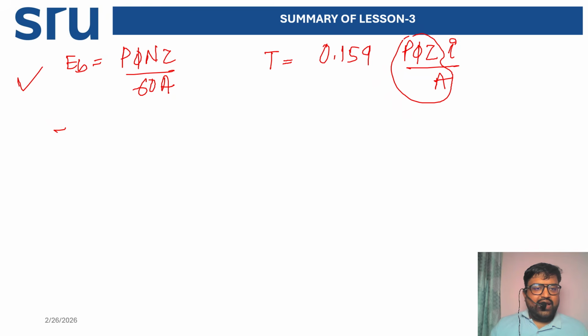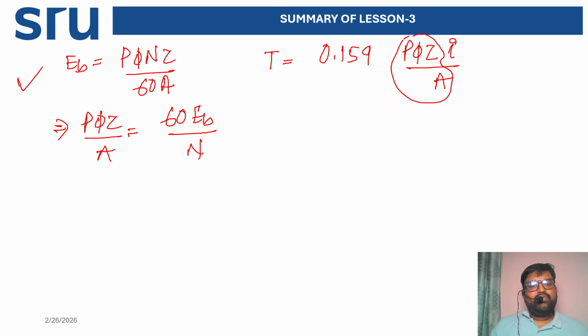Then can I write that P phi Z by A is equal to 60 into EB divided by N? From this equation we derived this one, and already we derived the other one.